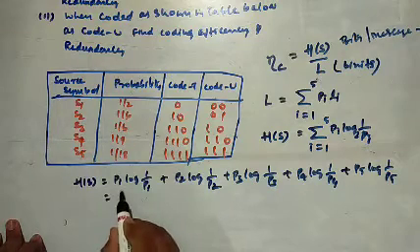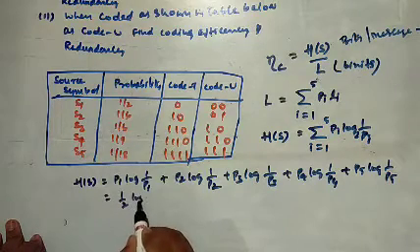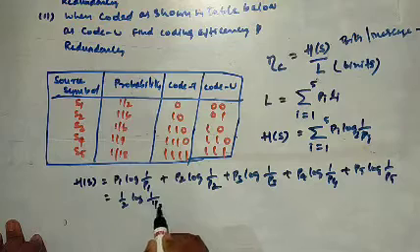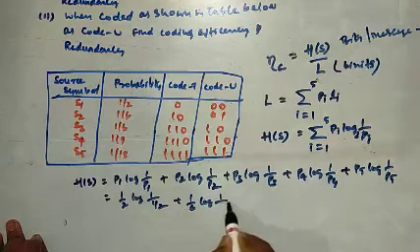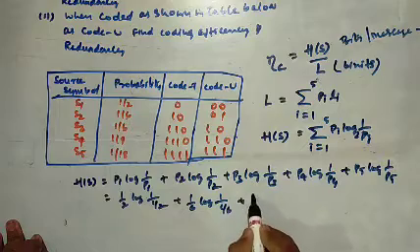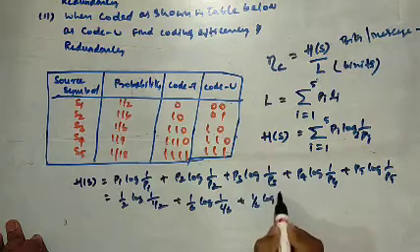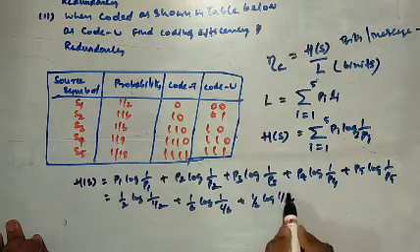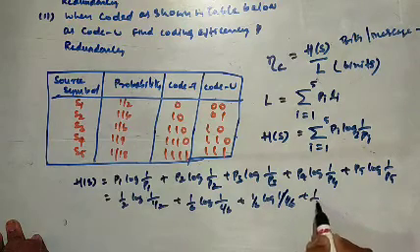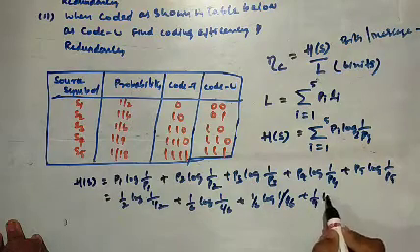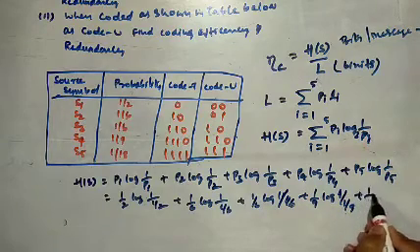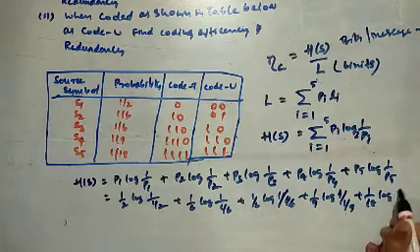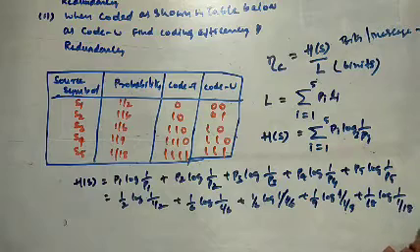What is P1? That is 1 by 2 log 1 upon 1 by 2 plus 1 by 6 log 1 upon 1 by 6 plus 1 by 6 log 1 upon 1 by 6 plus 1 by 9 log 1 upon 1 by 9 plus 1 by 18 log 1 upon 1 by 18.